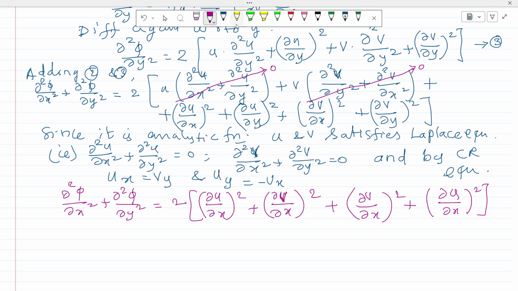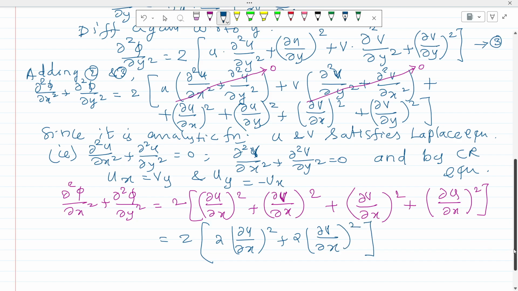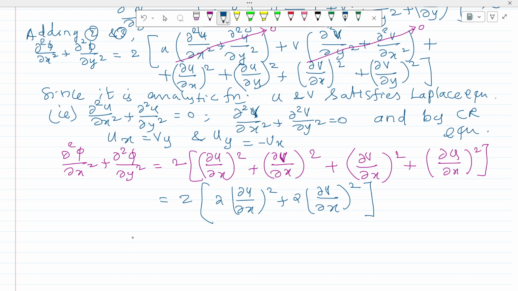So finally we will get 2 times 2 times (∂u/∂x)² plus 2 times (∂v/∂x)². Let f(z) = u + iv.